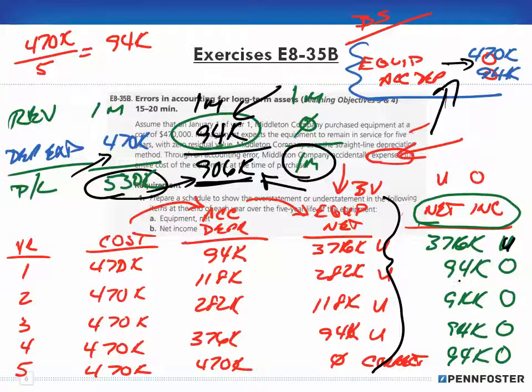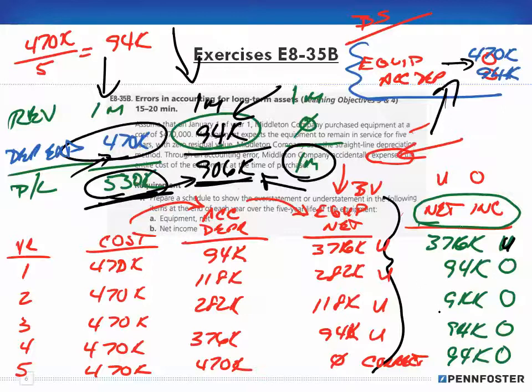But when it comes to the income statement, we're thinking about the 470,000 that we expensed, which gave us this amount of profit. In year one, I'm supposed to have this, but this is what I'm showing for year one. The difference between the two is 376, and it's understated because my expense is greater than what it should be.